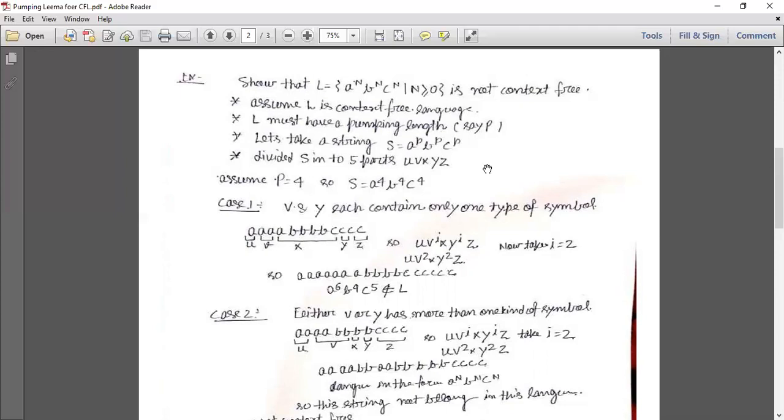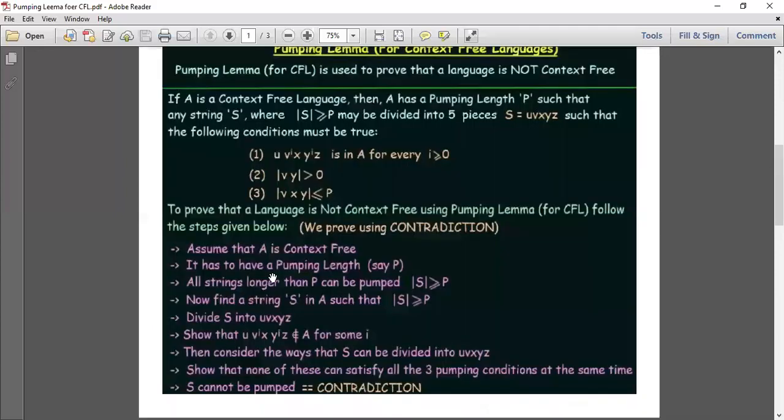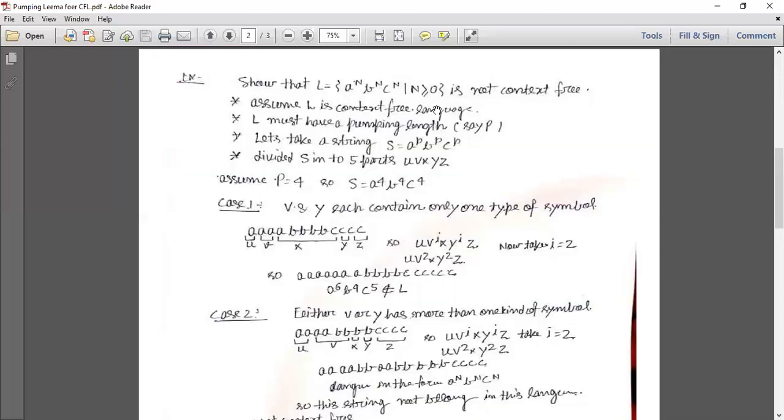In the previous slide we already discussed how to prove that a language is not context-free. So first, we assume that the language is context-free, second, we assume a pumping length p, and third, we assume a string. The string is a to power p, b to power p, and c to power p.